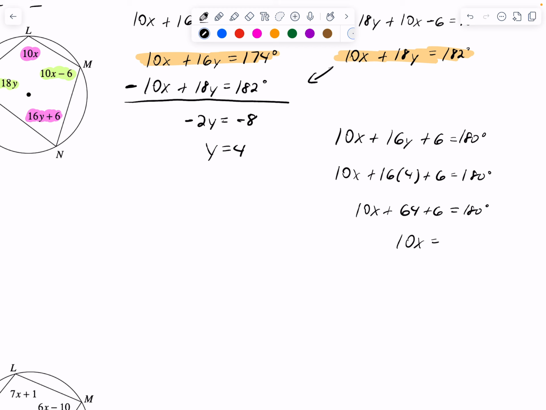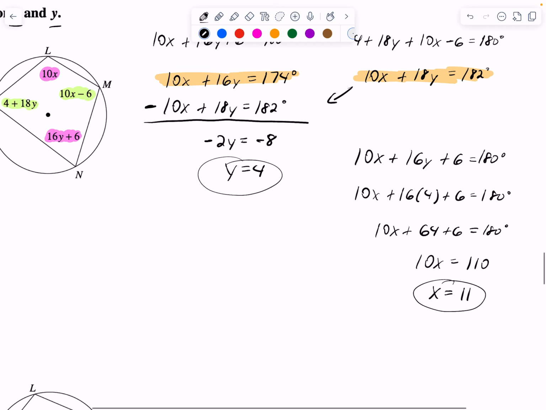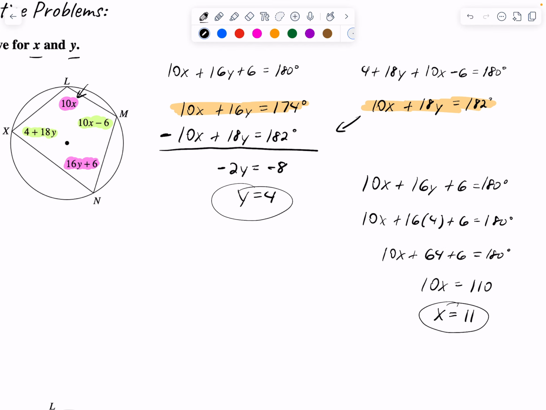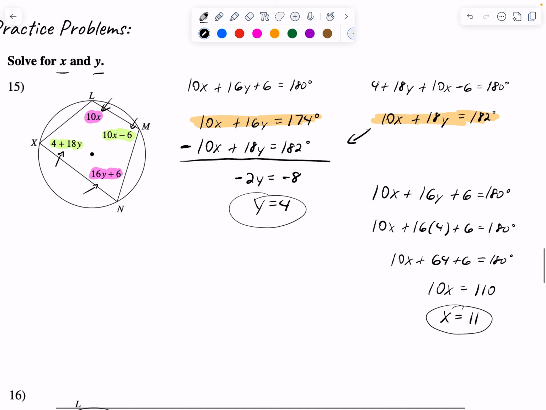When you move 70 over with subtraction, you get 110. So x equals 11. So these are the 2 values. Now you could plug those back in to each of the original angles, and you would find that angle L is going to be 110 degrees. Angle N, if I plugged in that 4, would be 70 degrees. Same thing for angle X and angle M. Angle X is going to be 76 degrees. Angle M is going to be 104 degrees, and both of those pairs are supplementary.